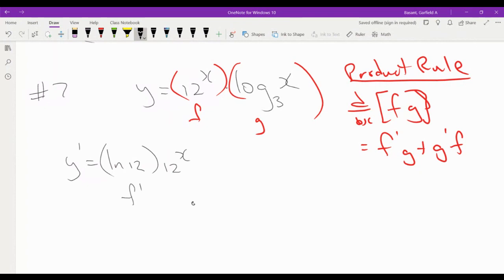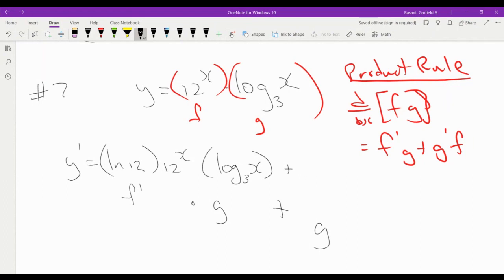Now we have to times that by g. And our g is relatively straightforward. That's just log base 3 of x. Now we're going to add that to g prime, right? What is g prime? It's 1 over ln 3x.